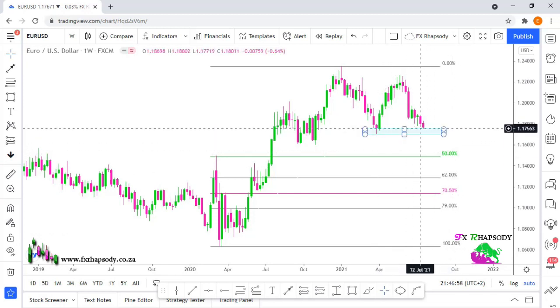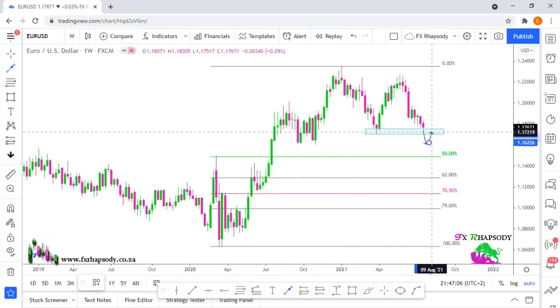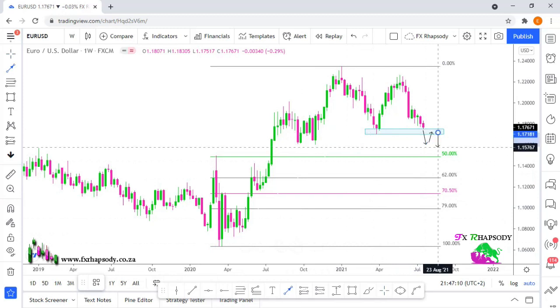If price breaks this area, it will come and retest, and it will go down even more.